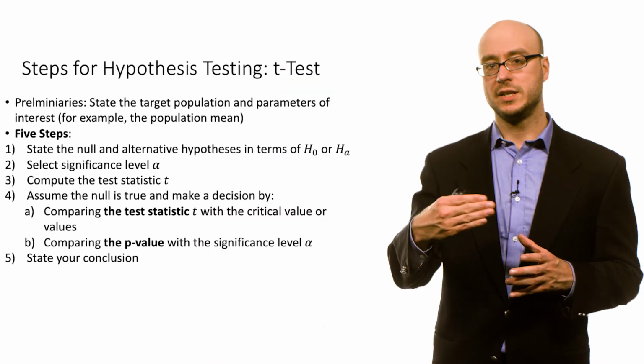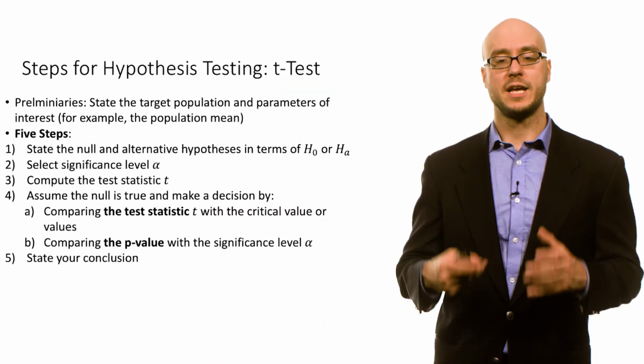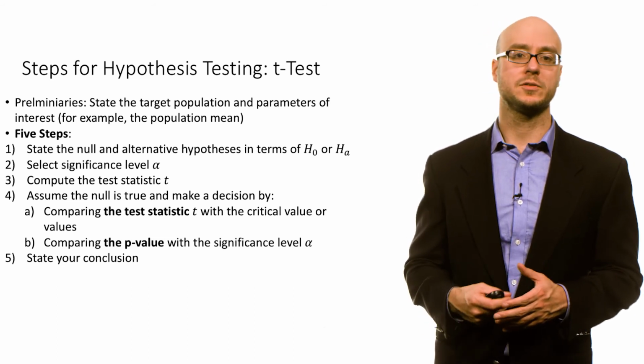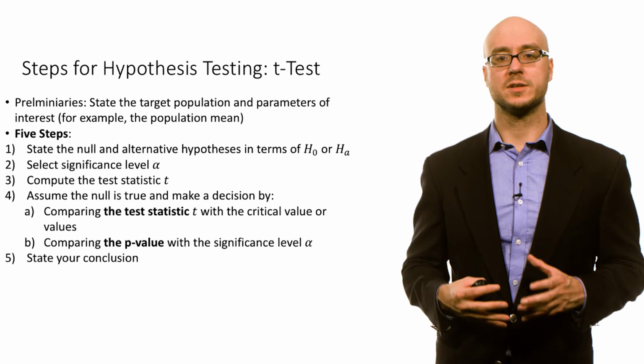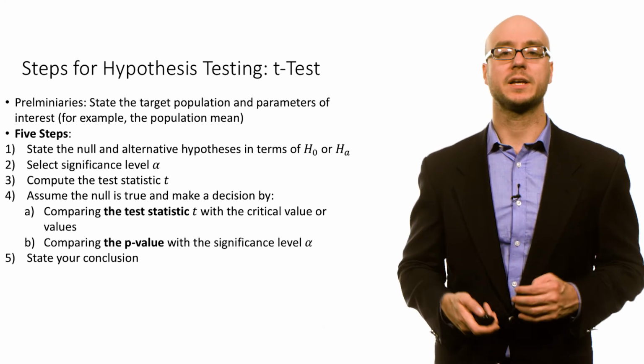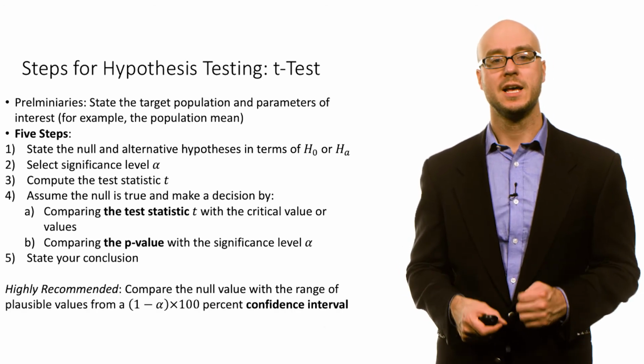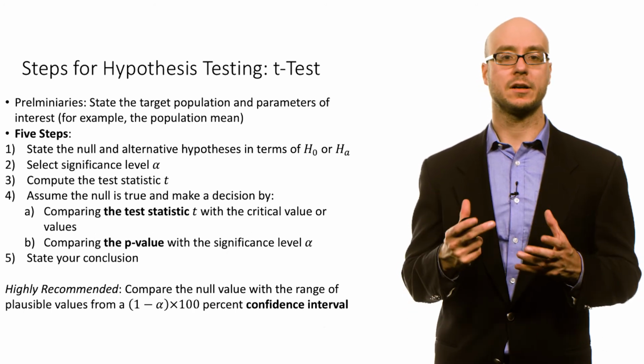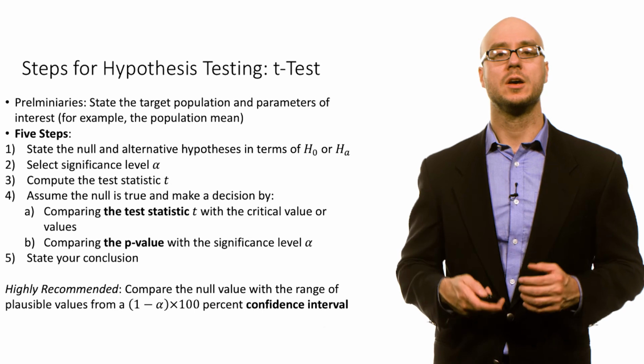Then, using either 4a or 4b, we state our conclusion, focusing on the statistical significance, whether we rejected or failed to reject the null, but we also want to focus on the substantive findings. What are the implications of this research? And then, of course, I always highly recommend that you calculate a confidence interval to help us understand what's going on.